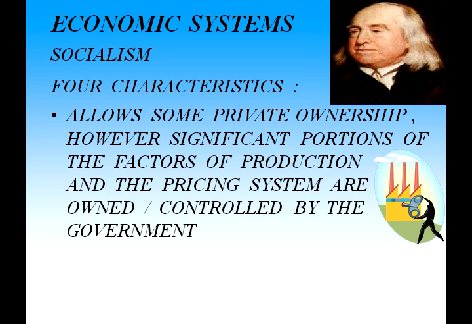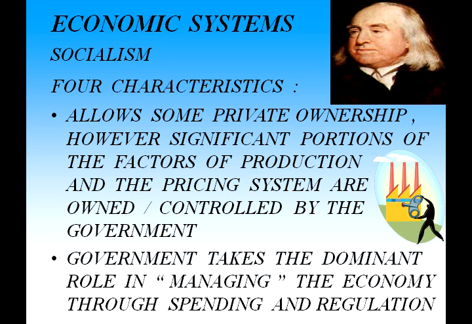However, significant portions of the factors of production, as well as the pricing system, are owned and controlled by the government. The third characteristic of socialism is that the government takes the dominant role in managing the economy through its spending and regulation of individuals and businesses.